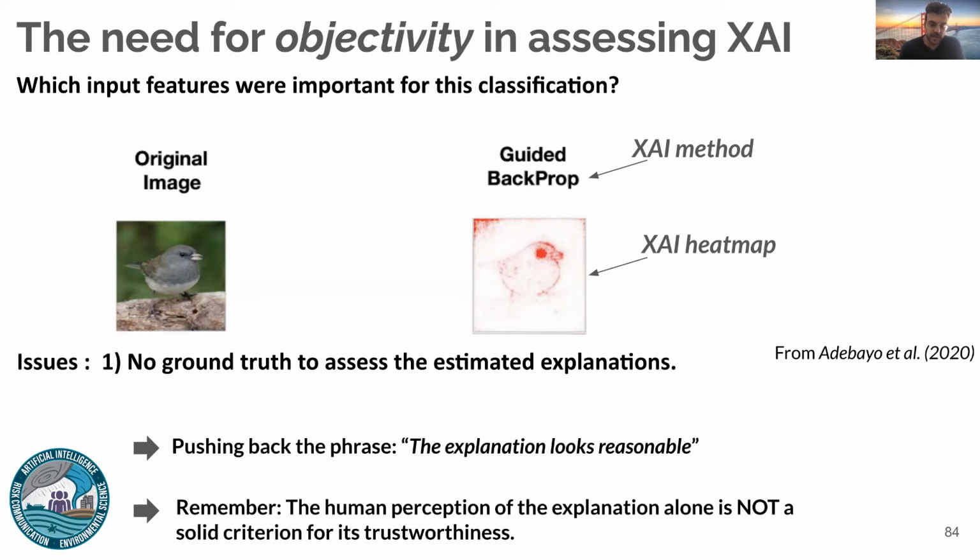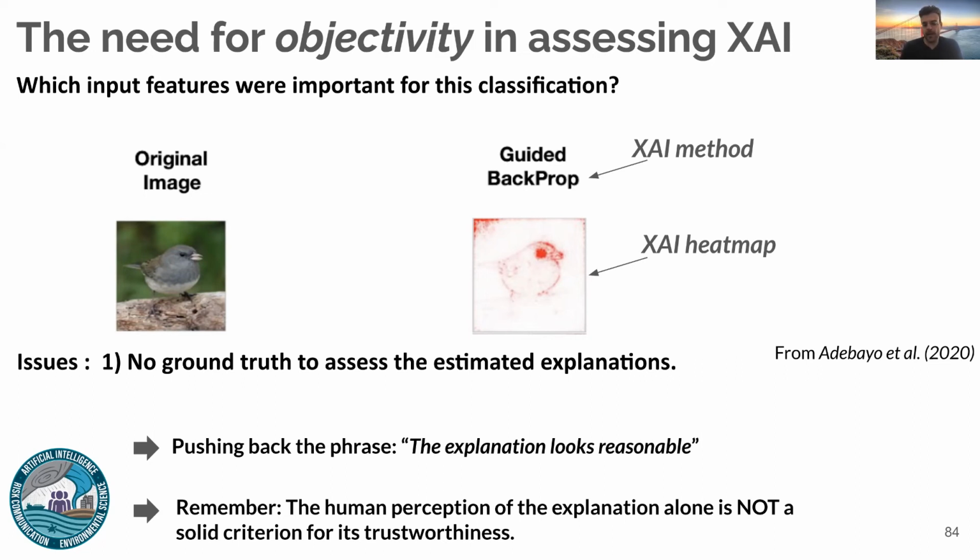At least it shouldn't be used on its own to assess the trustworthiness of the XAI method in the first place. In other words, we trust these methods to provide us the explanation, but there is no ground truth to assess that. We are a little bit in the dark here.